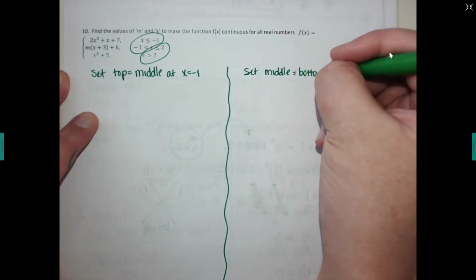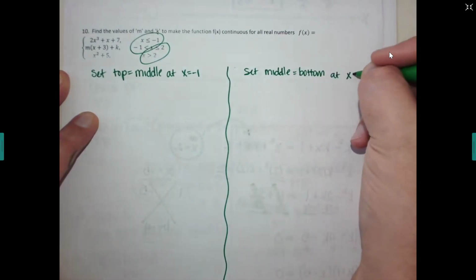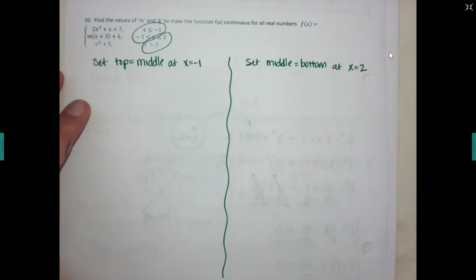Hopefully those instructions are good enough for you to know what we did later. All right, so start that out for me. If you don't understand, ask somebody next to you or raise your hand. So top and middle have a breakpoint at negative 1. Middle and bottom are equal at 2.